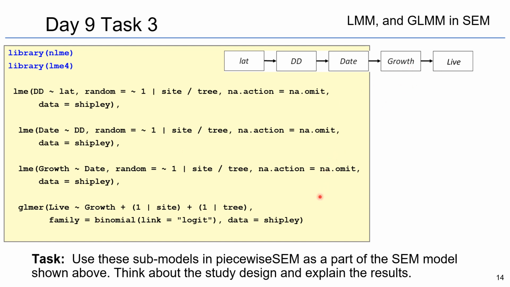And your task is to use these submodels in piecewise SEM as a part of the SEM model shown here above. And you have to think about two things here. So first, think about study design, why these mixed effects here are shown like as they are shown here. And then do all the procedure in the piecewise SEM, look through the data, through the results, and try to explain the results.